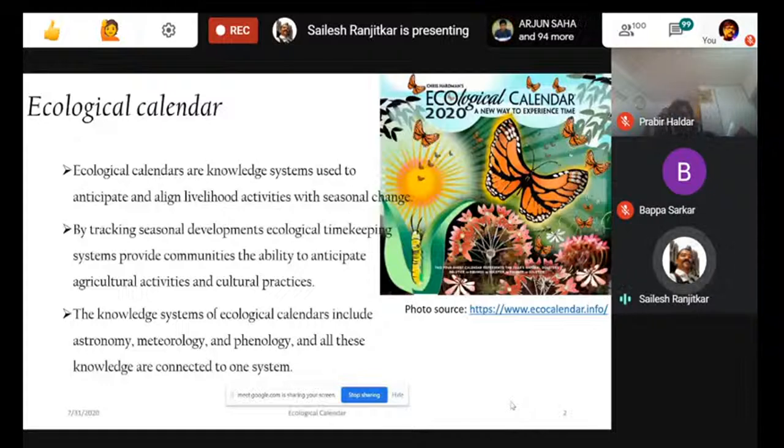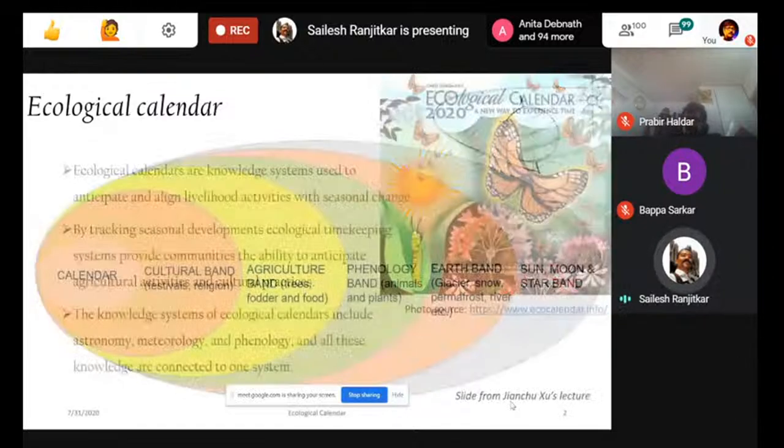So this knowledge system of ecological calendar includes astronomy. As Santosh also presented, the sun is a very important component in the climate. So astronomy things are there, meteorology and phenology. And all these knowledge are connected to one system. That is how these calendars are developed.